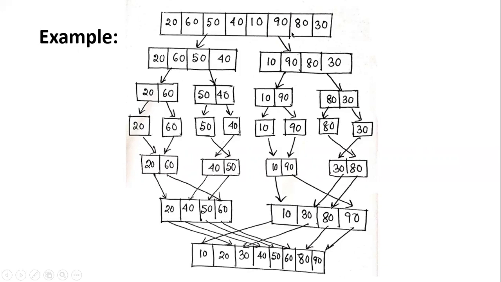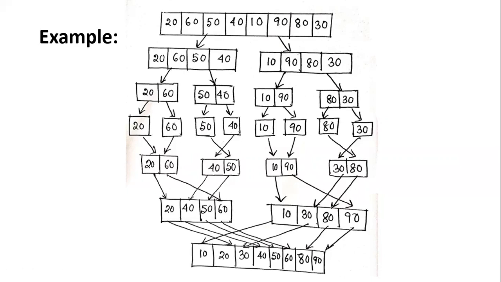In this array there were 8 elements, so now I have divided it into two subarrays. Each contains 4 elements. Then these two arrays again will be divided into two halves and each will contain 2 elements. After that, these 4 arrays will be divided into 2 parts and each will contain 1 element.